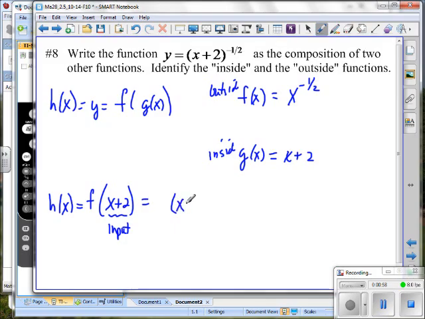I'm going to take x plus 2, and everywhere I see an x, I'm going to place it here, and does that put me back to where I was? Yeah. So the one thing then is, if you're a little confused, just ask yourself, okay, if I knew a value for the input, x is 3, what's the first thing I would do? First thing I would do is add plus 2. Why? Because it's inside. It's the parentheses here. Okay, so that's the first thing.